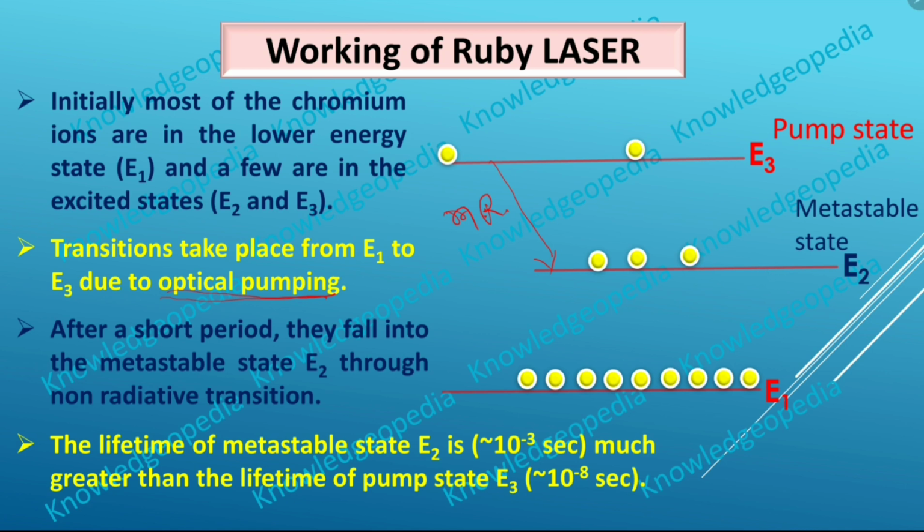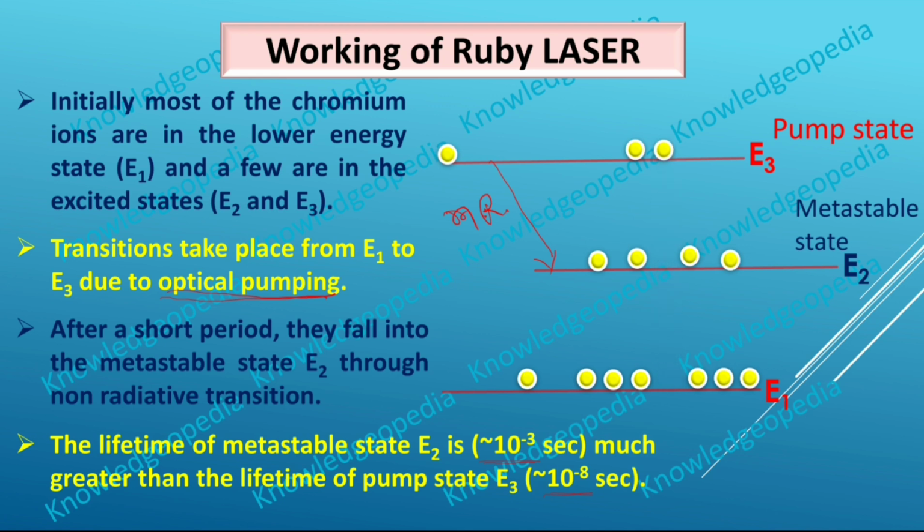At E2 they can stay up to 10 to the power minus 3 second, but as far as the E3 level is concerned, the lifetime here is of the order of 10 to the power minus 8 second.